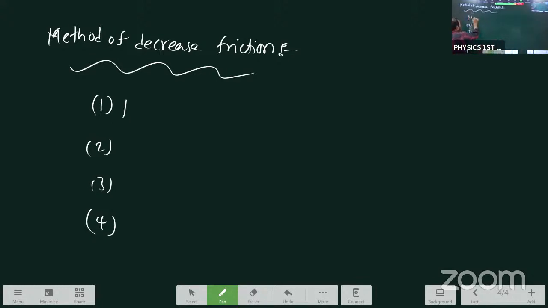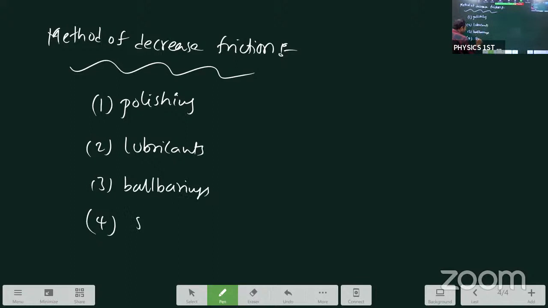Methods of decreasing friction: polishing method, next lubricants, ball bearings, streamlining. Total 4 side headings. Student, listen carefully.